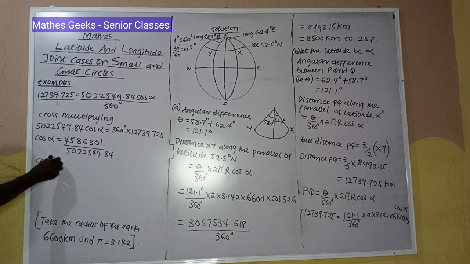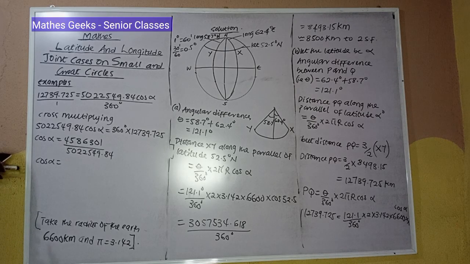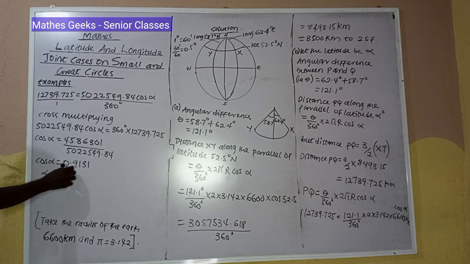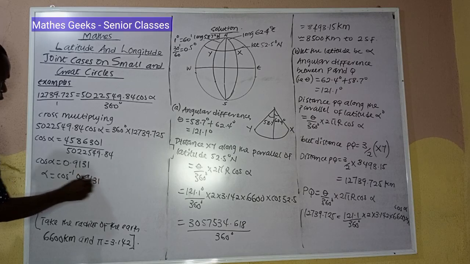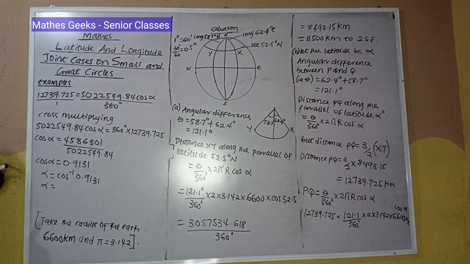So cos alpha is equal to 0.9131. So alpha is the arc cos of 0.9131.